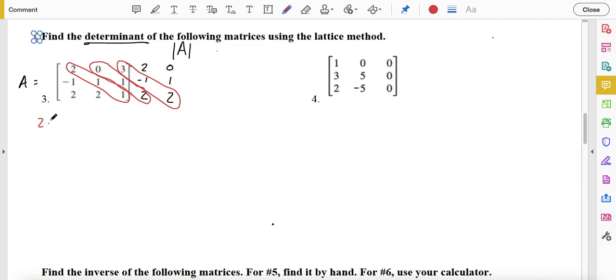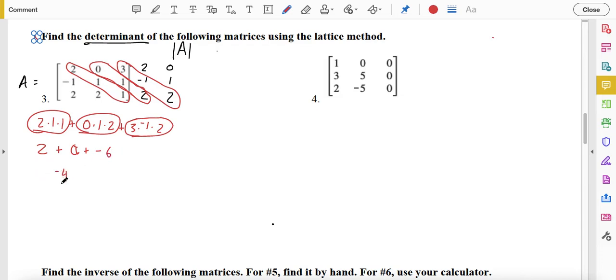So I'm going to do 2 times 1 times 1 plus 0 times 1 times 2 plus 3 times negative 1 times 2. So those are those three that I'm all adding. I'm just circling them to indicate they're coming from each of those circled diagonals. Okay, so that's 2 plus 0 plus negative 6, which is negative 4 altogether.